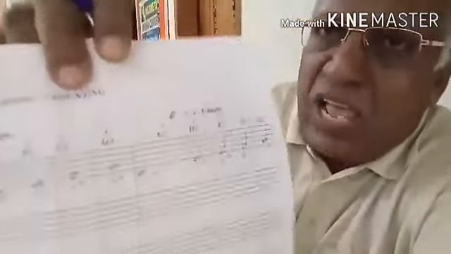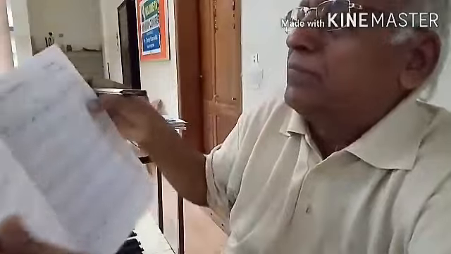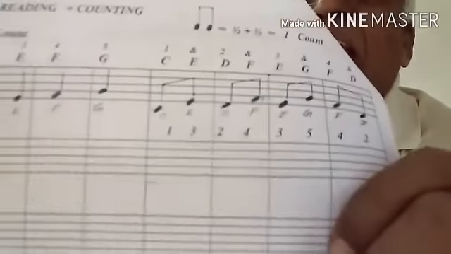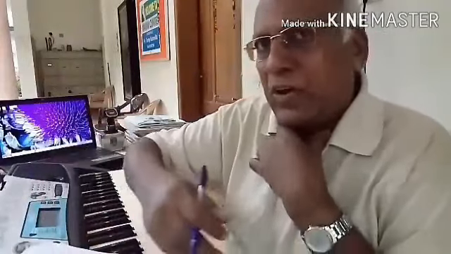And then you can write the 2 counts, and then the 3 counts, followed by 1.5 counts. Nothing like writing. By writing, you improve your ability to read the musical notes.